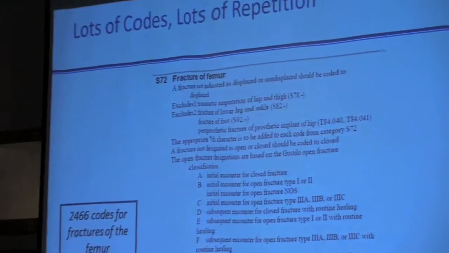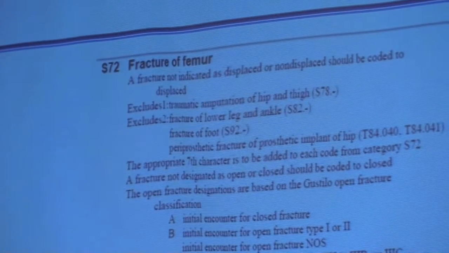Now we showed this one briefly before. Anything at a parent level, so this is at a category level, S72, the first 3 characters, fracture of the femur, and anything below here applies to everything that starts with S72. So that means that for any of those fractures of the femur, the 2,466 codes that go on for several pages here, all of these things apply.